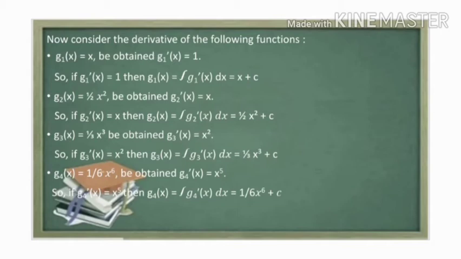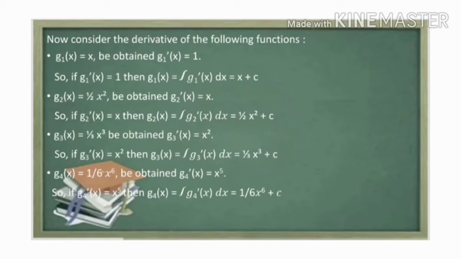So, if g3'(x) equals x squared, then g3(x) equals integral g3'(x) dx equals 1/3 x cubed plus c. g4(x) equals 1/6 x^6, we obtain g4'(x) equals x^5.